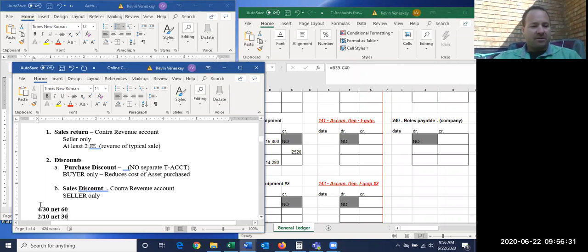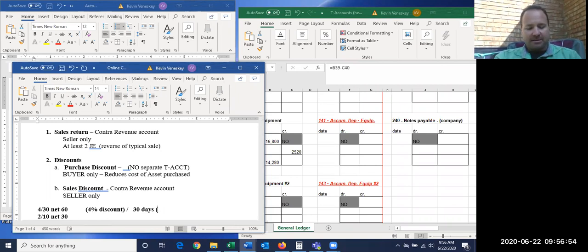All this means the first number is the amount of the discount. So in this case, they get a 4% possible discount. The next number, 30, is how long do they get? They get 30 days to receive discount.